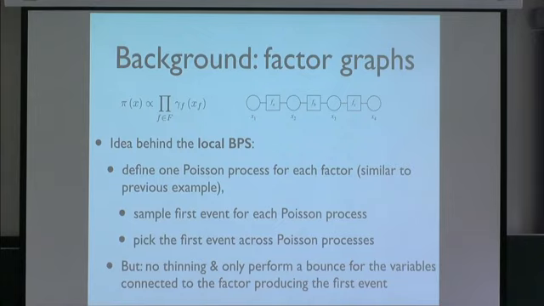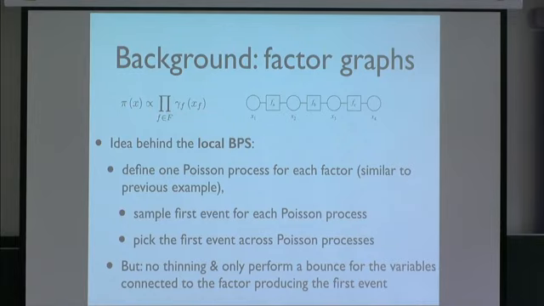Now, the idea behind the local BPS is we're going to do something similar to what we did in the exponential family example I just gave, but we're going to change two things, okay? So as before, we're going to define one Poisson process for each factor, okay?